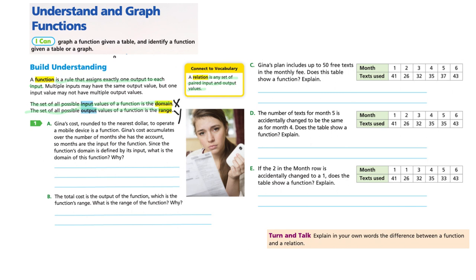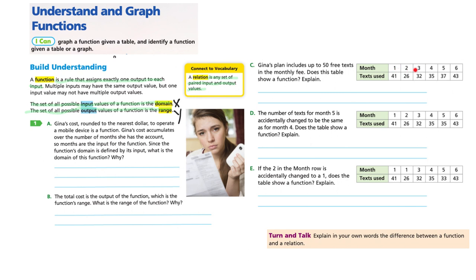B asks you, the total cost is the output of the function, which is the function's range. What is the range of the function and why? C, Gina's plan includes up to 50 free texts in a monthly fee. Does this table show a function? So you're going to look at this table and see if it defines a function. And again, you can go back over here to where we highlighted that a function is a rule that assigns exactly one output to each input.